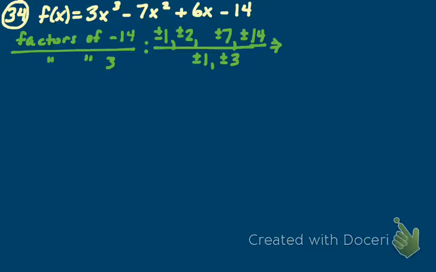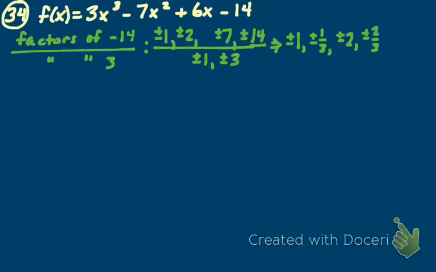And here we go. So your first candidate is plus or minus 1, because plus or minus 1 divided by plus or minus 1 is plus or minus 1. There's not really a right or wrong way to do the list, but this is what I do. I do plus or minus 1 over plus or minus 3, which would be plus or minus 1/3. And then go to 2. So it's plus or minus 2, because that's over 1. And then plus or minus 2 over 3.